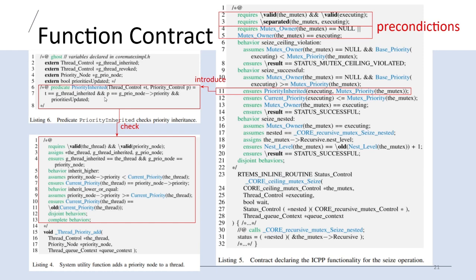The predicate priority inherited verifies if the thread priority matches those contracts in the thread priority add, and ensures the thread priority is updated based on the priority aggregation. Priority inheritance may not result in a priority raise if the thread already holds a resource with a higher ceiling.